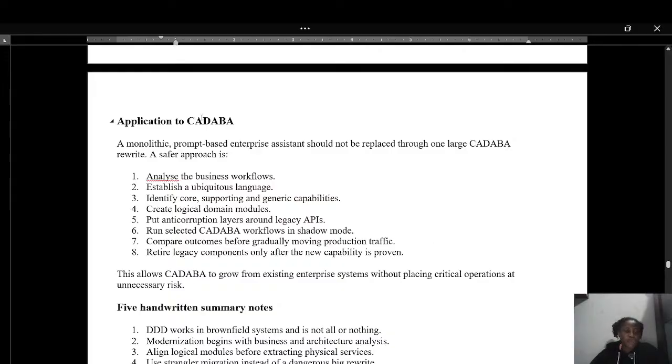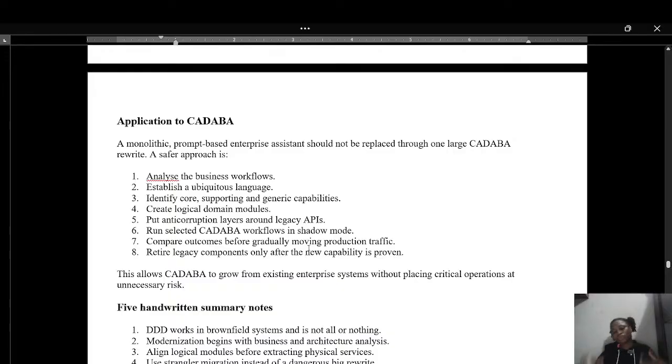A monolithic prompt-based enterprise assistant should not be replaced through one large agentic rewrite. So a safer approach for agentic system design is to analyze the business workflows, establish ubiquitous language, identify core, supporting and generic capabilities, create logical domain models, put an anti-corruption layer around legacy APIs, run selected agentic workflows in shadow mode, compare outcomes before gradually moving production traffic, and retire the legacy component only after the new capability is proven.